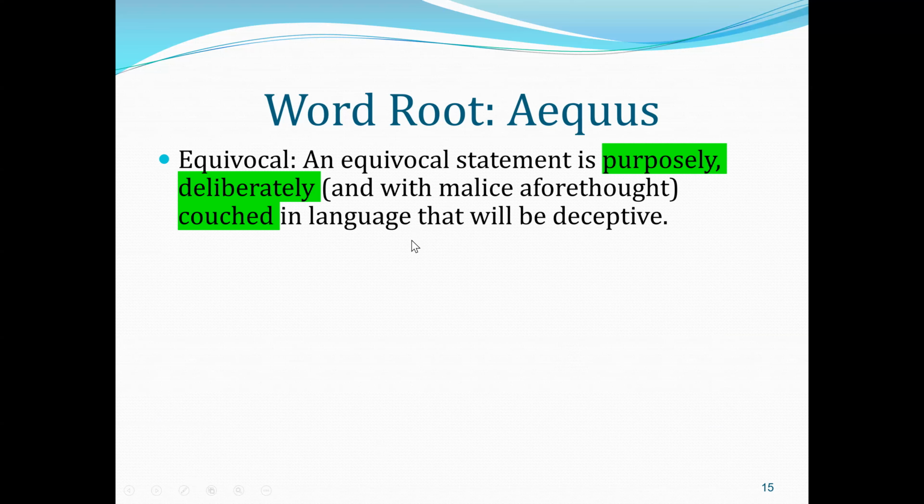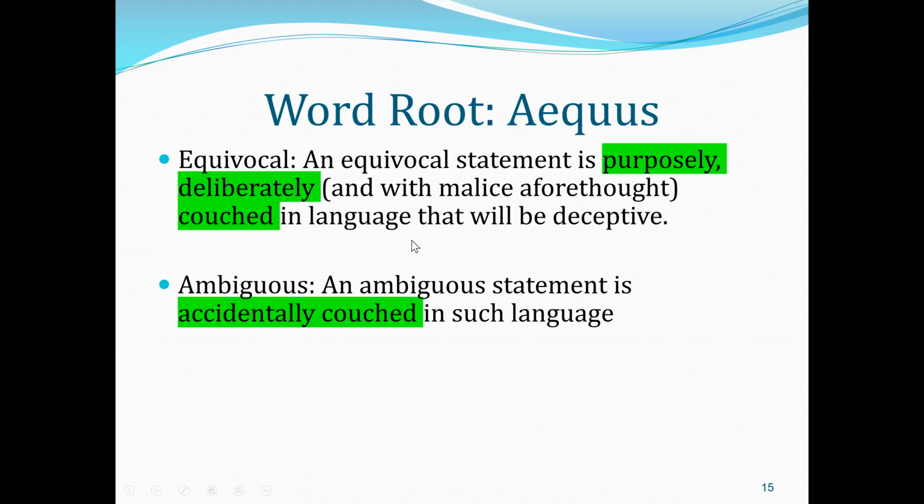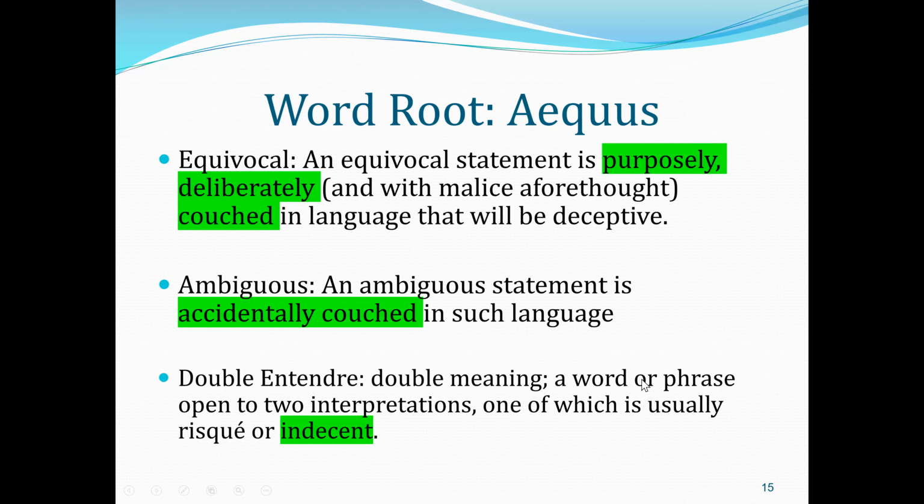And how about ambiguous? An ambiguous statement is accidentally couched in such language. What about double entendre? Double entendre means double meaning, a word or phrase open to two interpretations, one of which is risky or indecent.